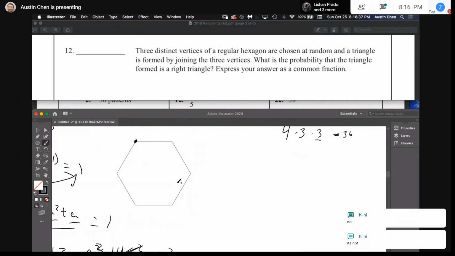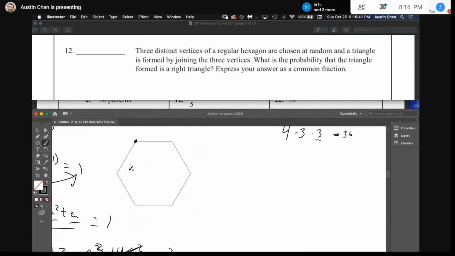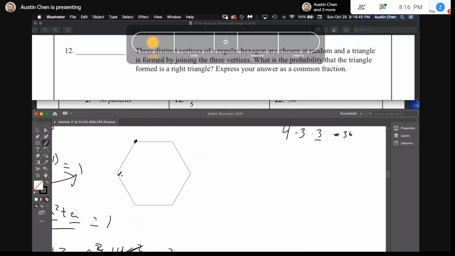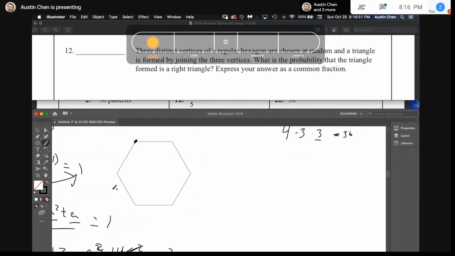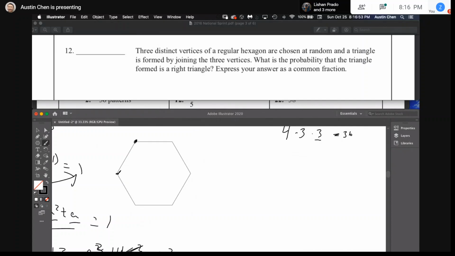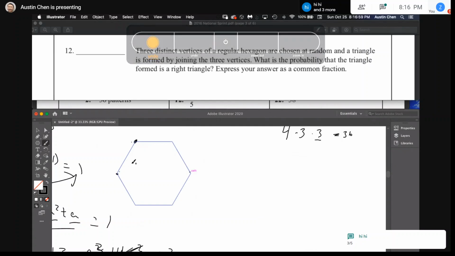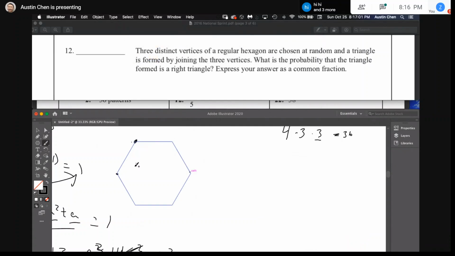And then what points can we use to make a right triangle? Well, if we use this point, we're going to have two right triangles. One of them is just going to here, and another would be going to here. So then this is the right angle. And the others don't work, right? Because then it's not a right triangle.